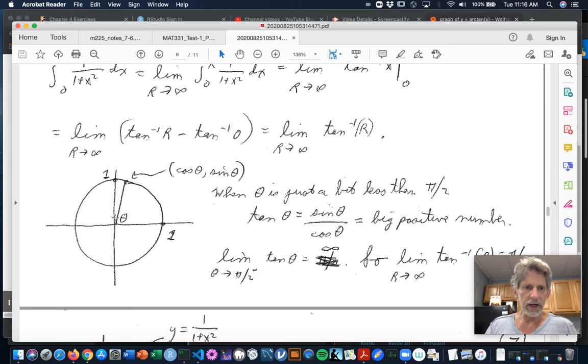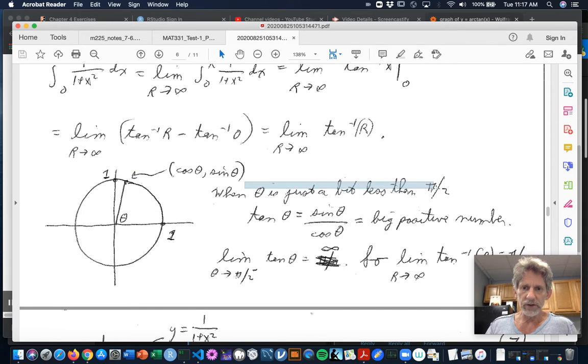So pi over 2 would be the 90 degrees. Minus pi over 2 would be down this way along the y-axis. So I'm thinking here of an angle theta that's pretty close to pi over 2. It's a little less than pi over 2. By definition, the coordinates of the point where this ray from theta intersects the unit circle are cosine of theta and sine of theta. That's just the definition of cosine and sine in unit circle trig.